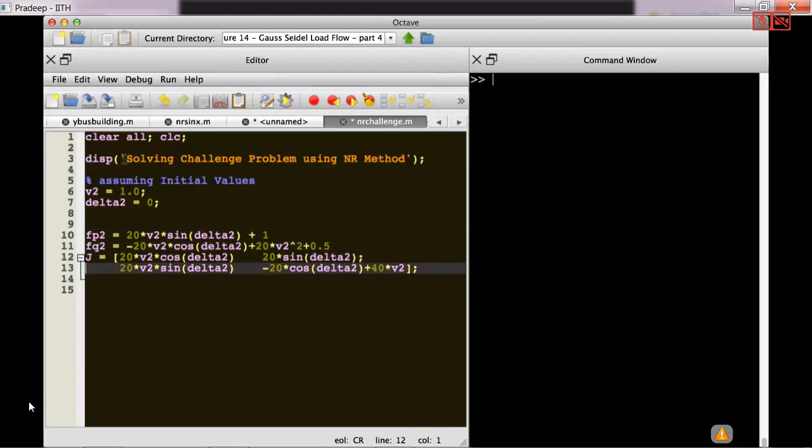Once you calculate this, what is the new value?